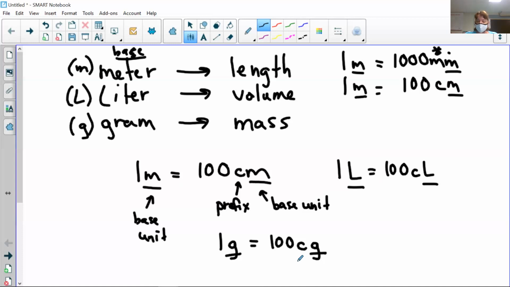Okay, so in that case, because milli and centi are smaller than the base units, where's my meters? Hold on. Okay, so I use meters as a demonstration because most of you have seen a meter stick before.